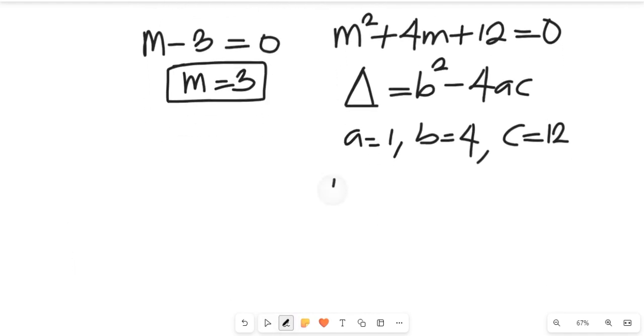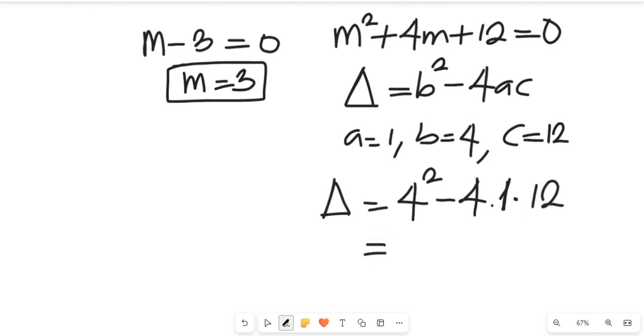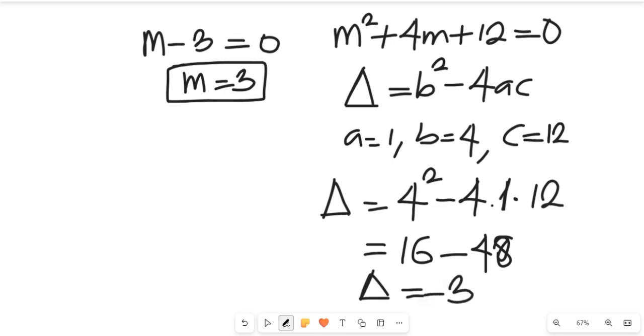So the discriminant will now be equal to 4 squared minus 4 multiplied by 1 multiplied by 12. So this will be equal to 4 squared is 16 minus 4 times 12, which is 48. So our discriminant will be 16 minus 48, which gives us negative 32.